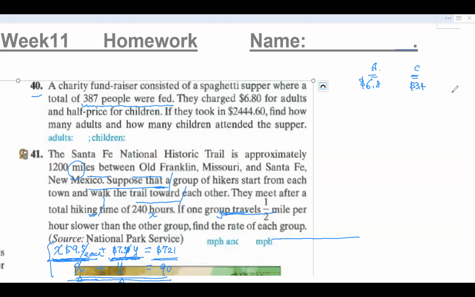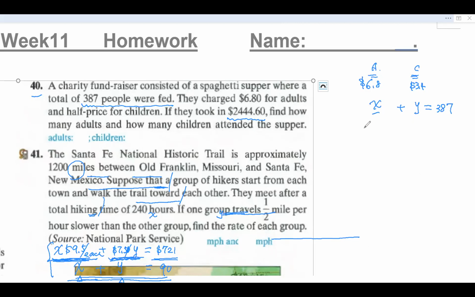So if they took so much, find out how many adults. Suppose adults is X and kids is Y, totally 380.